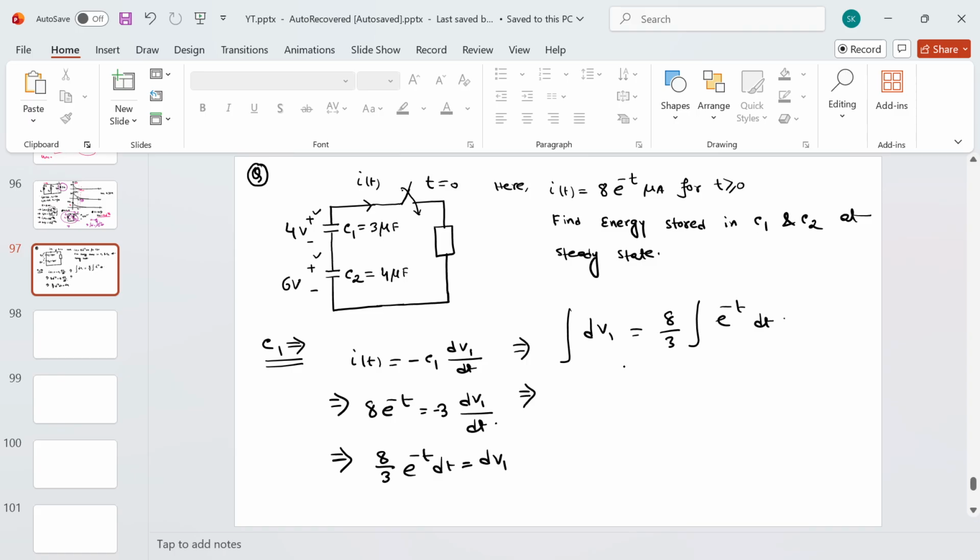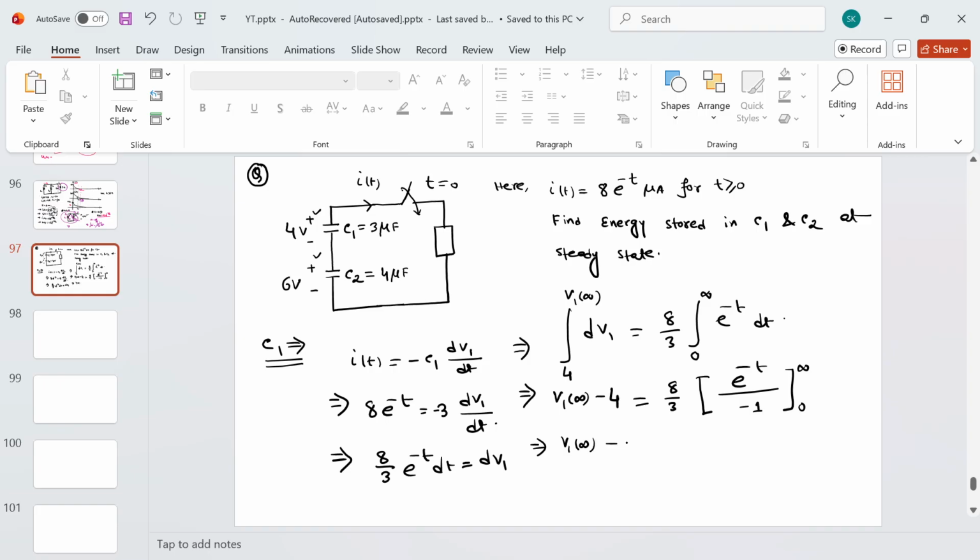And let's say at t equals 0, the initial voltage was 4 volt, right? So the initial voltage was 4 volt, and at steady state you have the voltage V1 infinity, right? So this is your voltage at infinity. So if you solve this particular equation, you will get 8 by 3 e^(-t) by minus 1, from 0 to infinity.